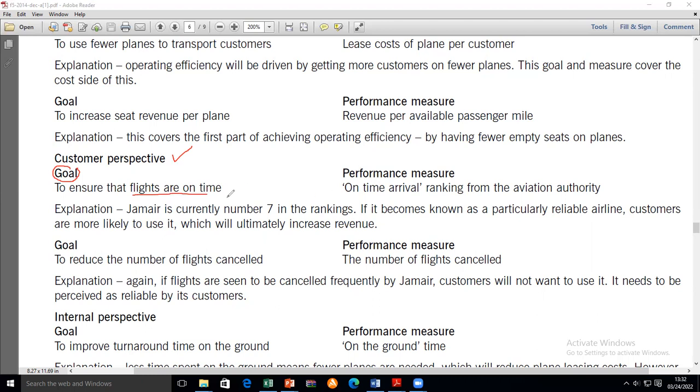What is the performance indicator? On-time arrival ranking from the Aviation Authority. Out of every 100 flights, how many times are you on time? Or the ranking which is there. Remember, all the 50 airlines are being ranked.